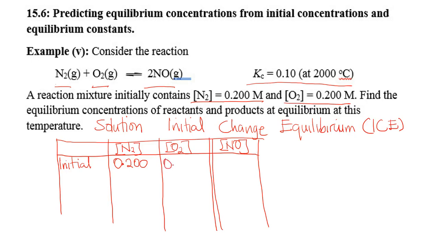And we also had 0.200 molar of oxygen. But initially, that was before the reaction started happening. We did not have any concentration of nitrogen monoxide. So for this one, we are going to put 0.000 molar.